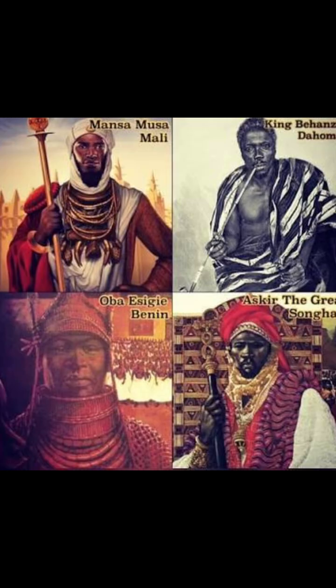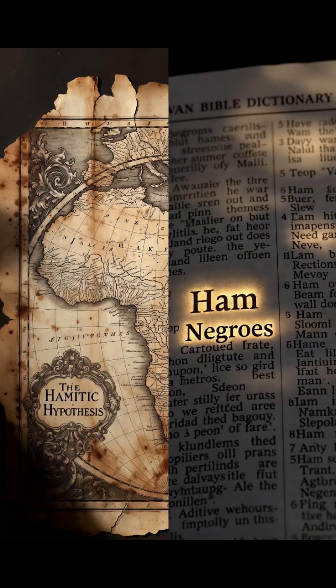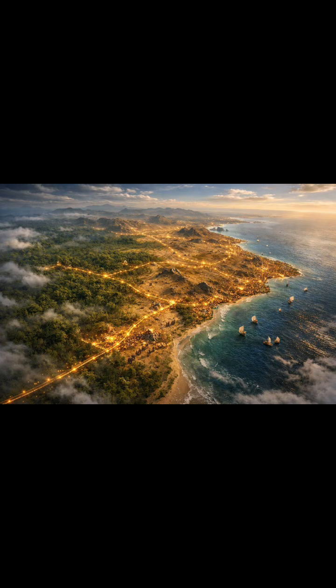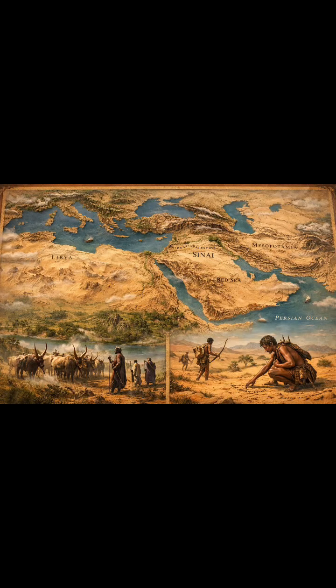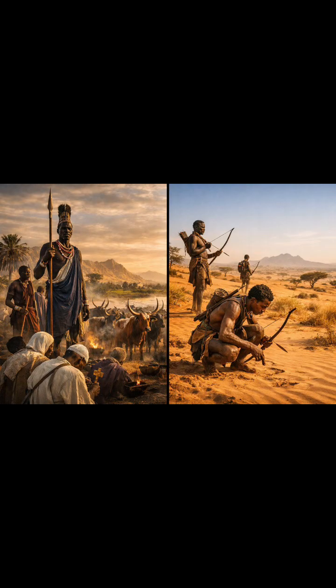So, who are the actual descendants of Ham? The dictionary and ancient migrations trace the dark-skinned Hamitic lineage to very specific regional and linguistic branches in Africa. Ham's line encompasses Mizraim, which are the ancient pre-Arabized Egyptians preserved today in the Coptic Christians.